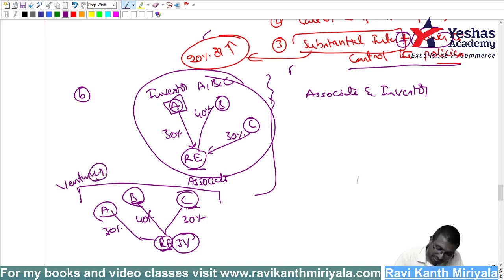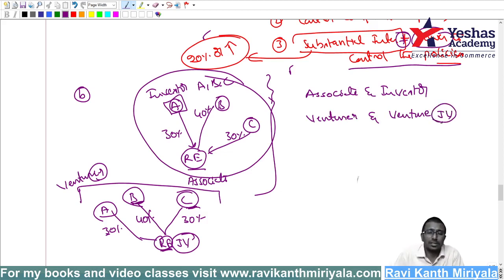Now what is the standard telling? Venturer and venture, that means the joint venture, both are related parties. That is also defined by the standard. But remember, A and B are not related parties. Co-venturers are not related parties.